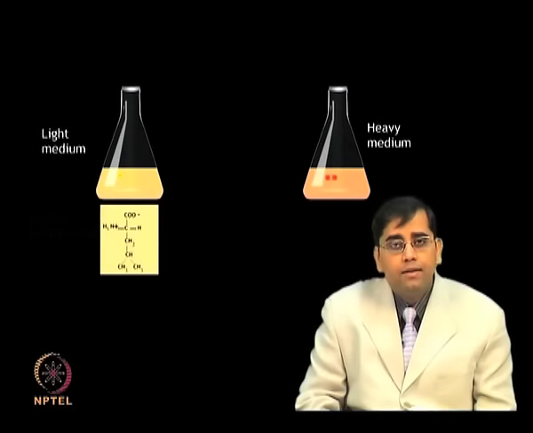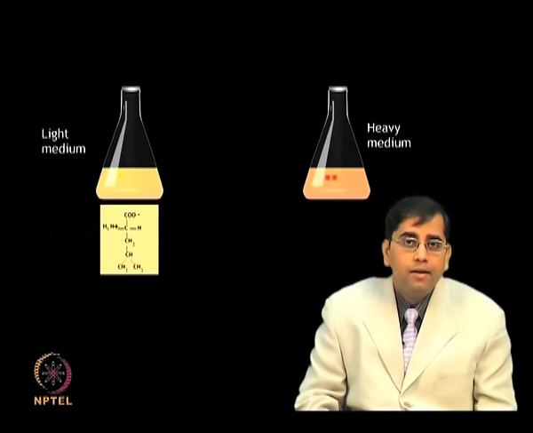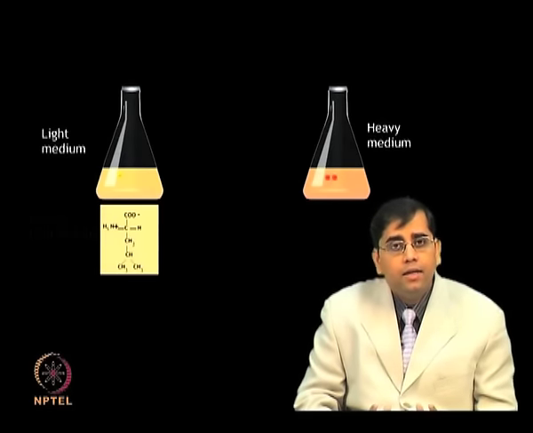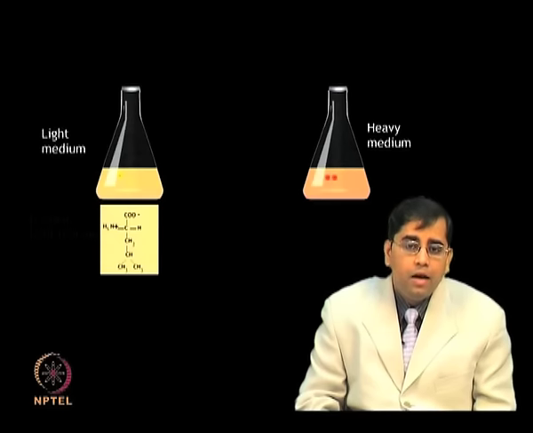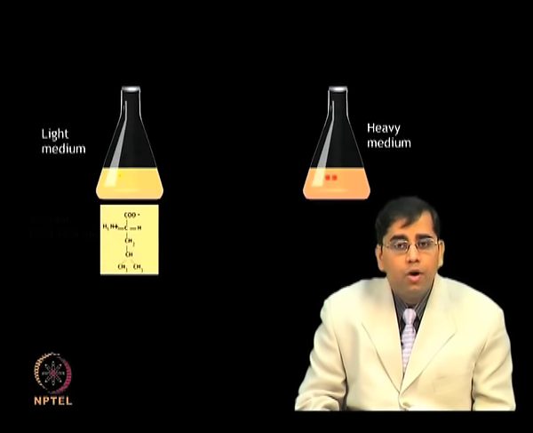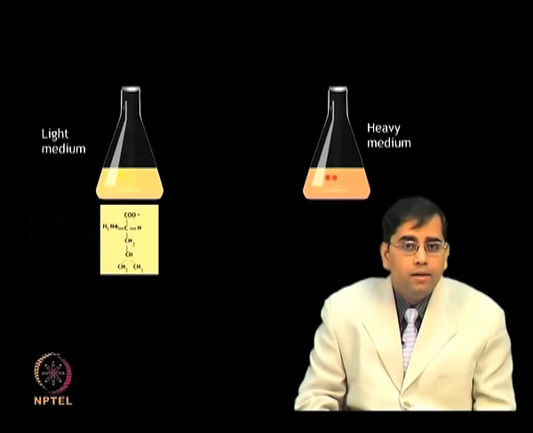In SILAC, 2 groups of cells are cultured in media that are identical in all respects, except that one contains a heavy isotopic analog of an essential amino acid, while the other contains the normal light amino acid.